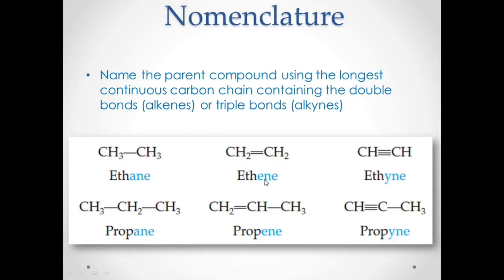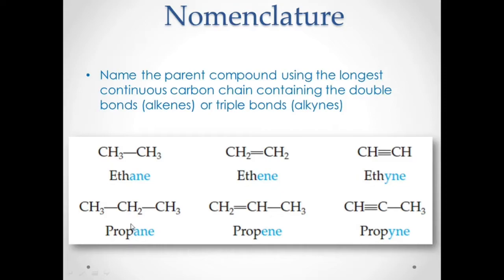Therefore, that name would end in -ene because it is an alkene. While if it is an alkyne, then the parent should end with -yne. So for a two-carbon compound, which is ethane for alkane, it becomes ethene if it is an alkene, and ethyne if it is an alkyne.